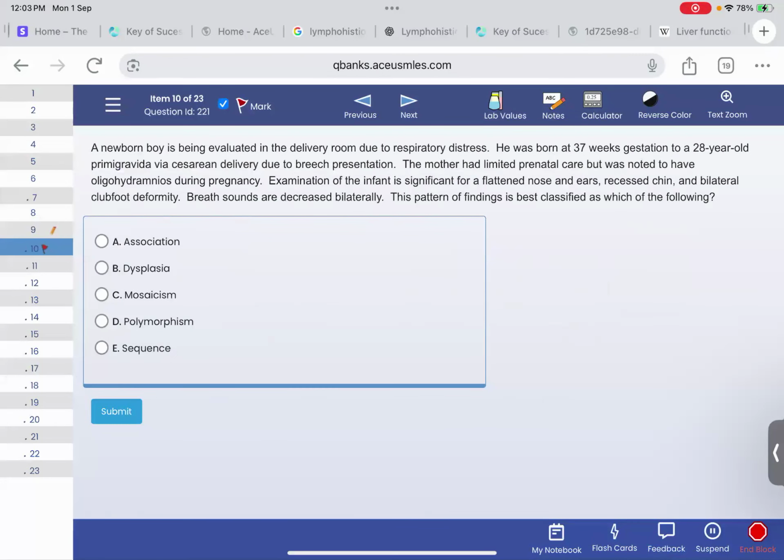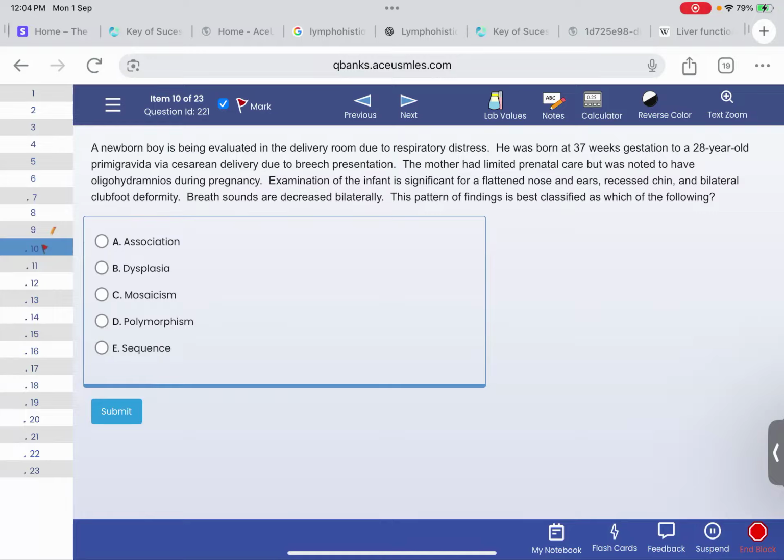They haven't explained that much easily, but I can say simply that association is two or more anomalies, two or more problems, that occur together more often than would be by chance, okay? By the way, associations never make sense.